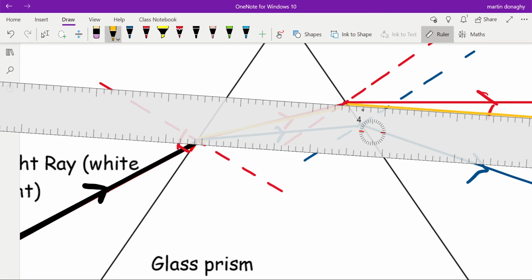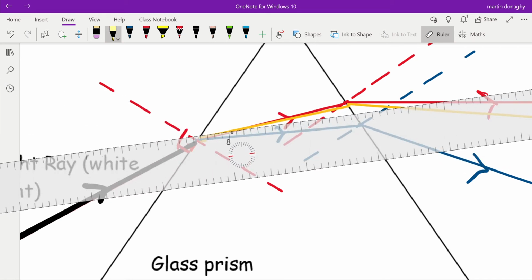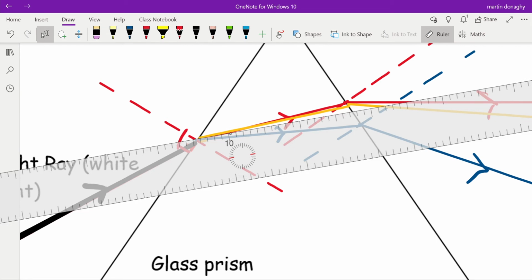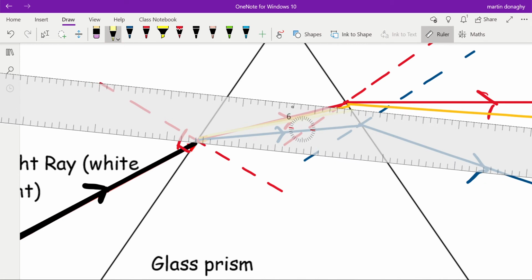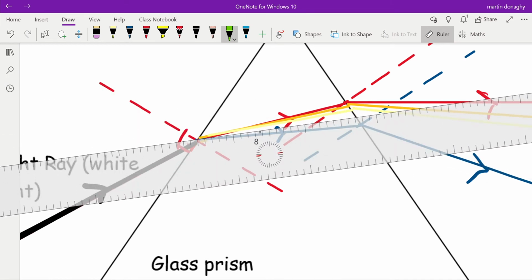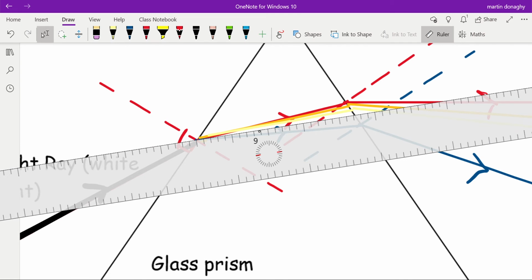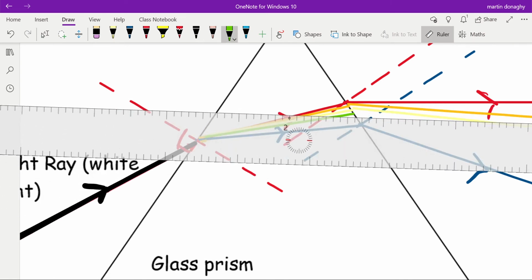Yellow will refract more, so it will bend more than the orange did. Likewise here will refract more. Green, same thing again, will refract more. Here will refract more here.